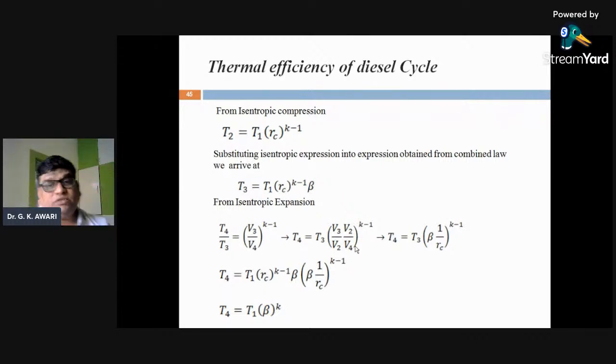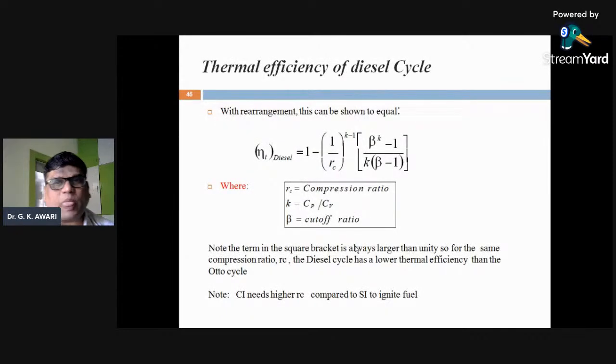So therefore, T4 is equal to T1 into beta to the power of gamma minus 1, where beta is the cutoff ratio. With rearrangement, the thermal efficiency of a diesel cycle can be written as 1 minus 1 by RC to the power of gamma minus 1, in bracket, beta to the power of gamma minus 1 divided by gamma in bracket beta minus 1.